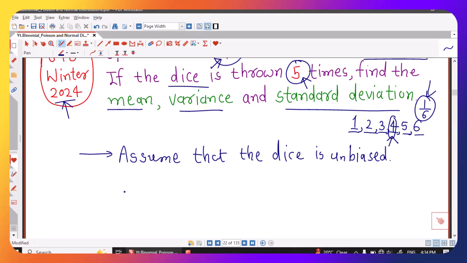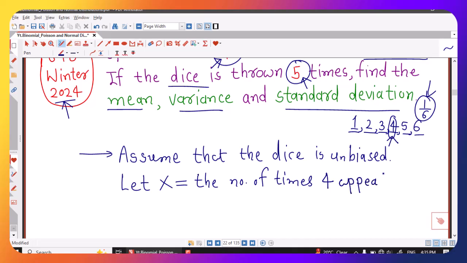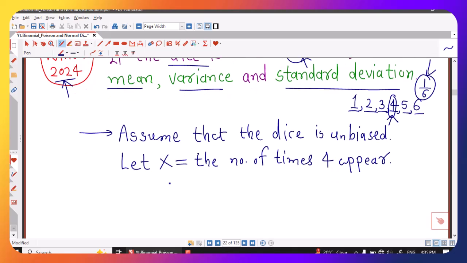So here we define our random variable as the number of times the number 4 appears, considered as the random variable capital X.